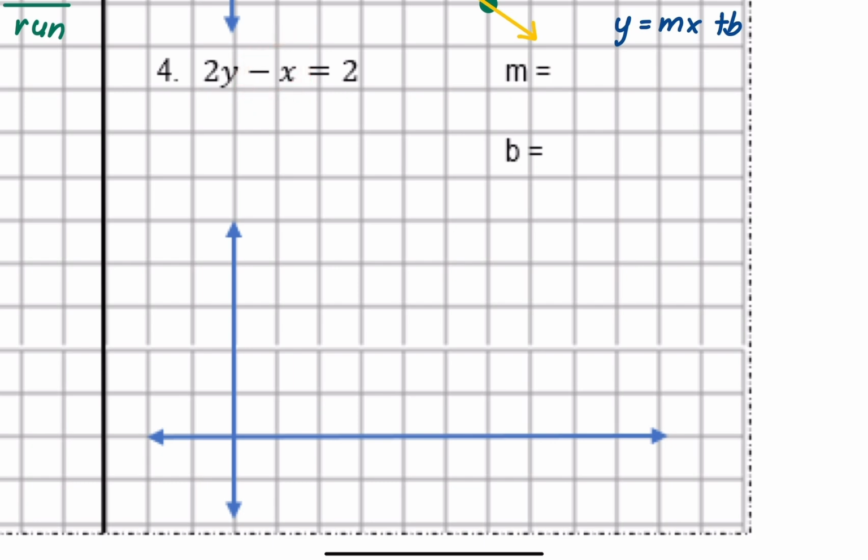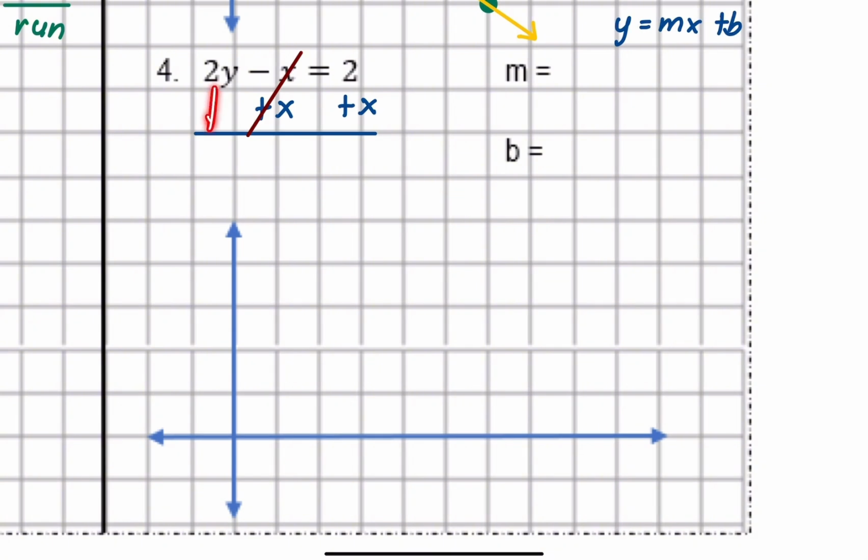So we're going to add x to both sides of the equation. The reason is that so we can cancel x here on the left side of the equation.